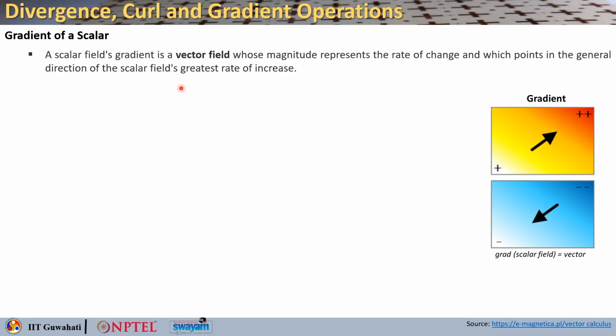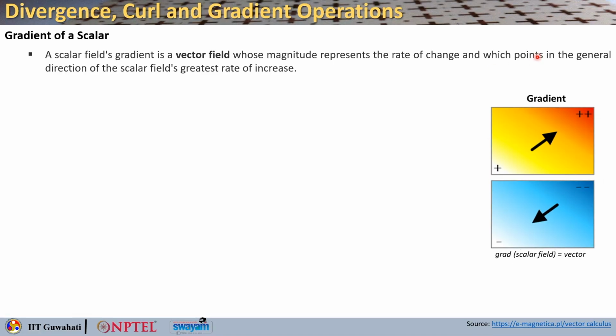So, how does it work? A scalar field's gradient becomes a vector field whose magnitude basically tells you about the rate of change and the direction tells you in which way the change is increasing, right. So, it points in the general direction of the scalar field's greatest rate of increase.